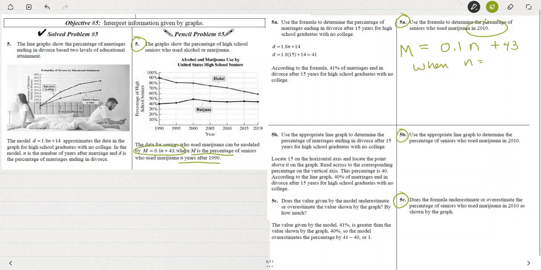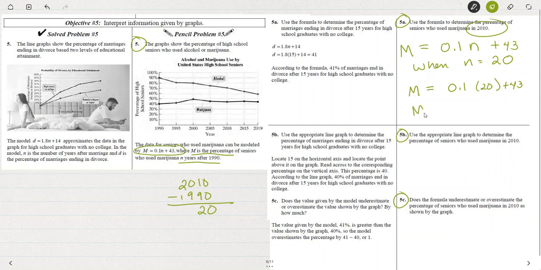And in 2010, that is going to be 20 years after 1990, because 2010 minus 1990 gives us 20 years. So when N is 20, I can find that M is 1/10 of 20 plus 43.